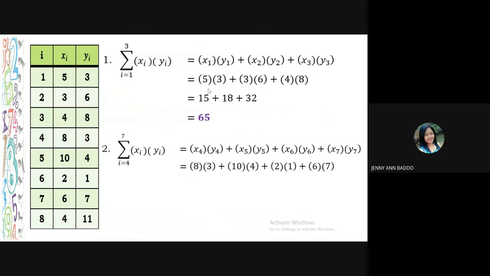By substitution, we have 8 times 3 plus 10 times 4 plus 2 times 1 plus 6 times 7. So we have 24 plus 40 plus 2 plus 42. So we have 108. So those are the different properties of sum.